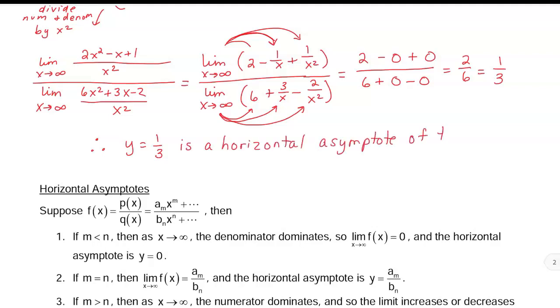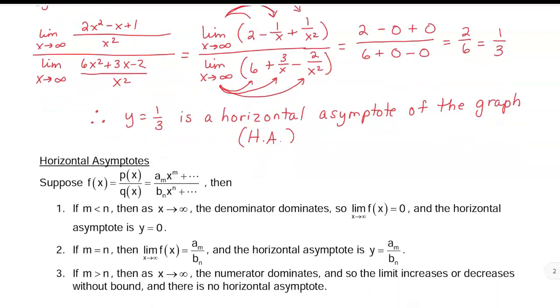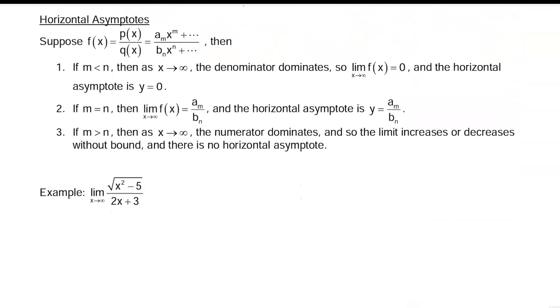You are allowed to use HA to stand for horizontal asymptote. Here's a better description of when you have a horizontal asymptote. It comes from an Algebra 2 perspective. So we're going to look at f as the quotient of two polynomial functions whose leading coefficients are a sub m on top and b sub n on the bottom.